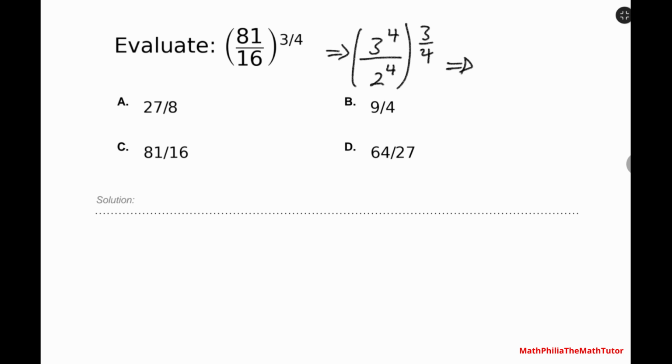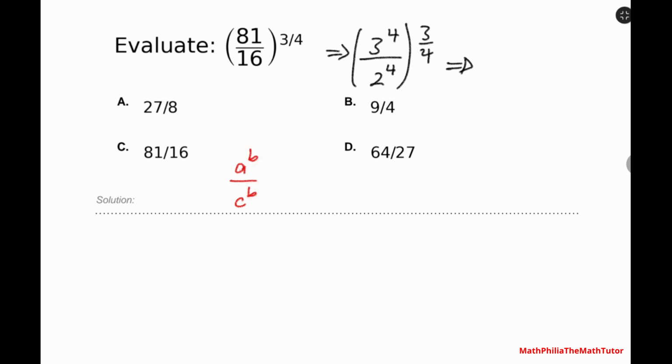Now, in indices, when you have maybe A raised to the power of B over C raised to the power of B, notice this: A and C are different, the bases are different, but the exponents are the same.